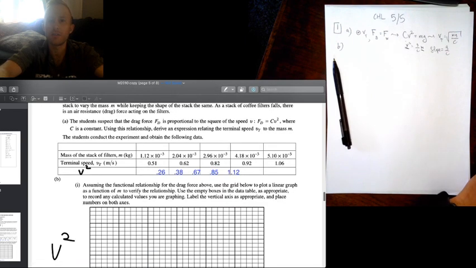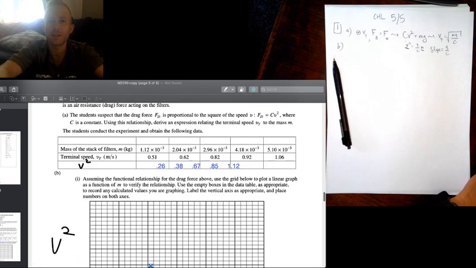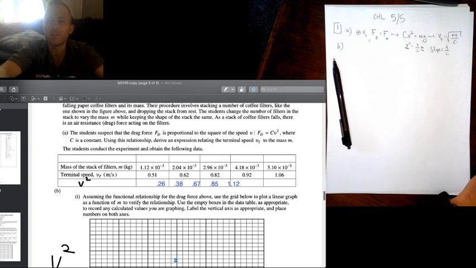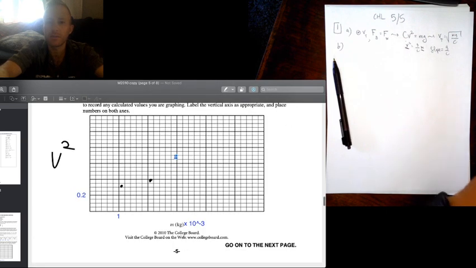Then I have 2.96 and 0.67, which is roughly right here. 4.2 and 0.85 is maybe right here.